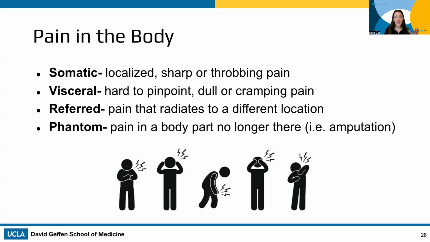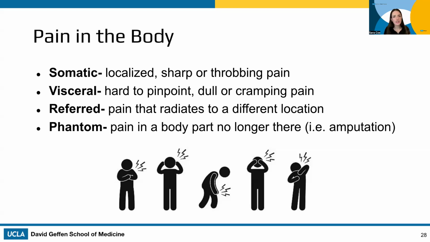So somatic pain, well localized, sharp throbbing pain. Oftentimes, this is going to be associated with our muscles or solid organs in the body. Visceral pain, that poorly localized, dull or cramping pain, is more commonly things like the stomach or the intestines, our hollow organs in the body.